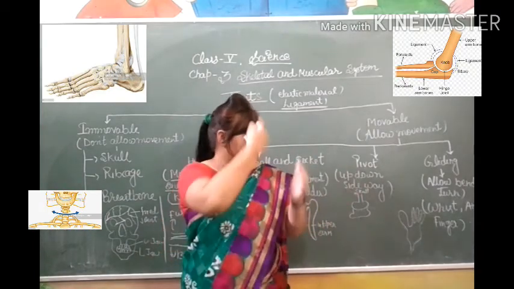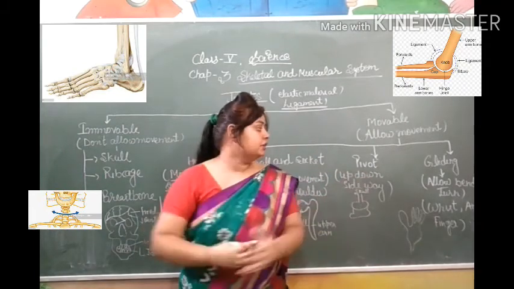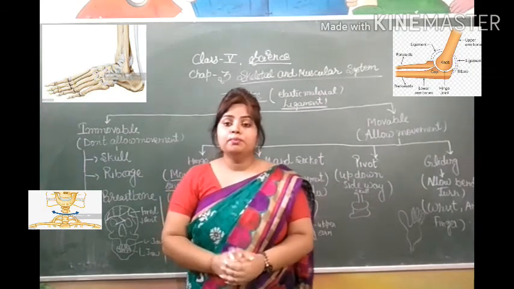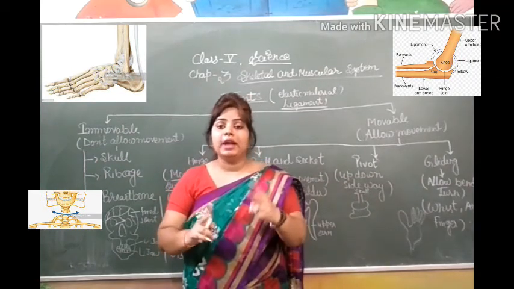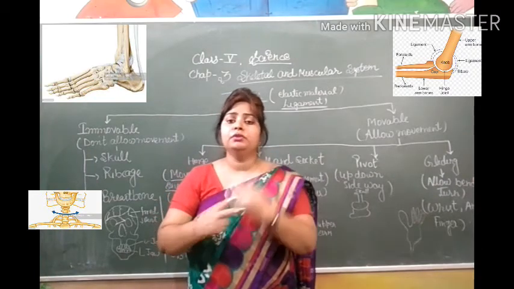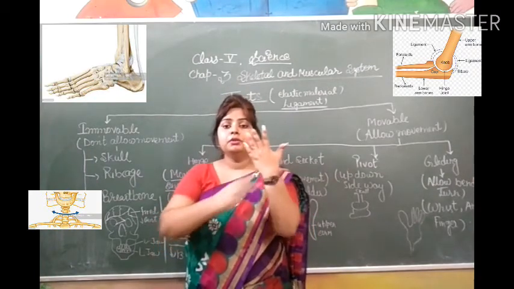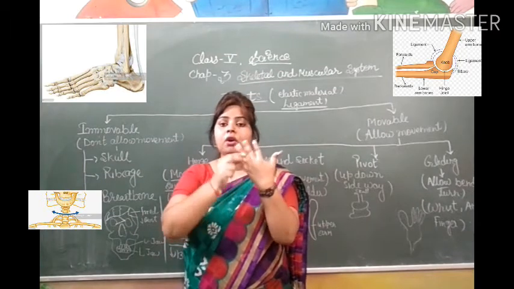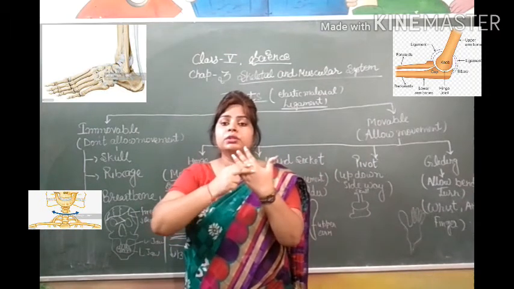Next is gliding joint. Gliding joint allows the movement between two flat bones. You have fingers, and all the fingers have bones.